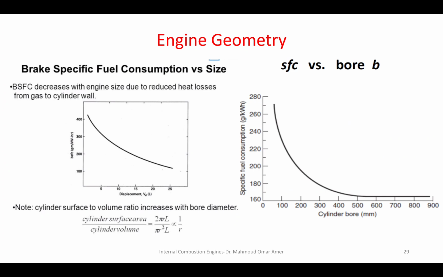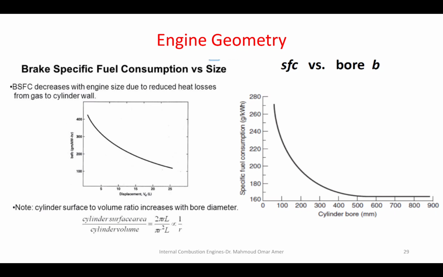What is the relation between the specific fuel consumption and the engine size? You can see from the first graph on the left that as the displacement volume increases, the specific fuel consumption decreases. Why is that?